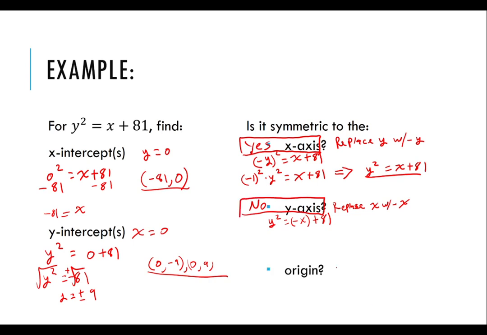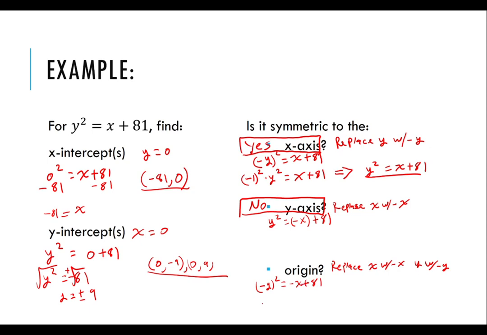Then we want to test origin, and this one you just replace x and y with the negative values. So replace x with negative x, y with negative y, and if it looks the same in the end, then yes, we have origin symmetry. So we have negative y quantity squared is equal to negative x plus 81.